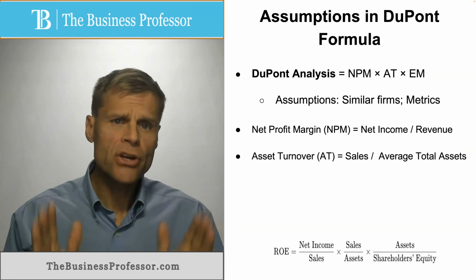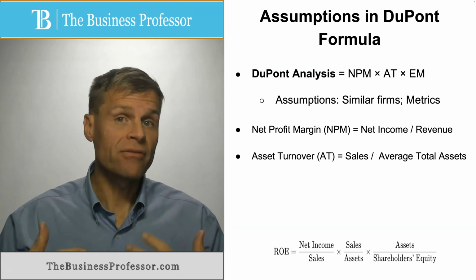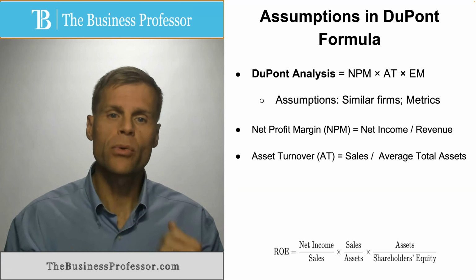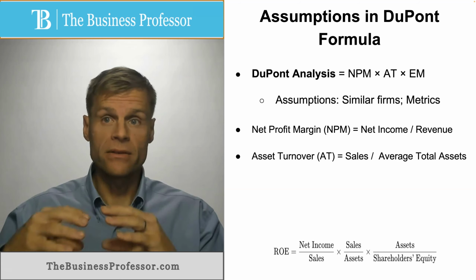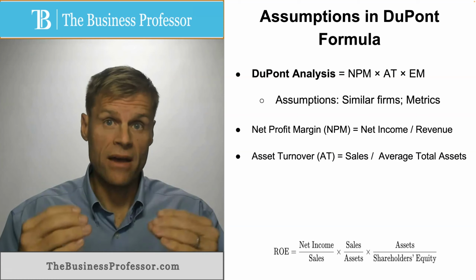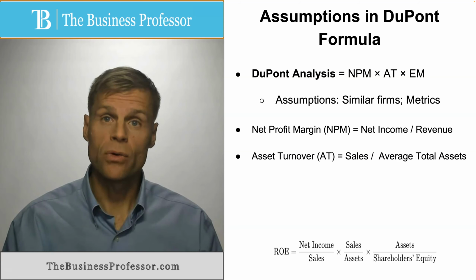Next, asset turnover. Asset turnover is sales divided by your average total assets. So basically, how quickly does your inventory of a product turn over, and you're using as the denominator the average over a period of time of the amount of sales you have over that period. So at what rate are you turning over your inventory?